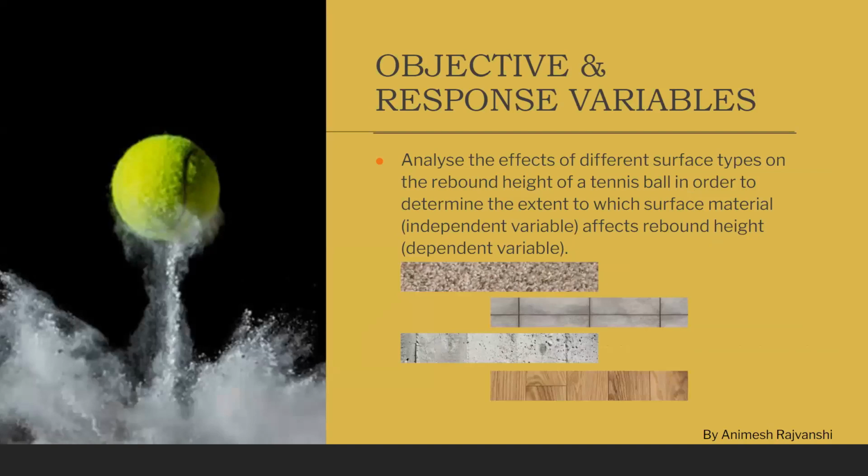The objective of our experiment was to analyze the effect of different surfaces on the bounce height of a tennis ball. And the experiment also analyzed how the initial drop height affected this rebound height.